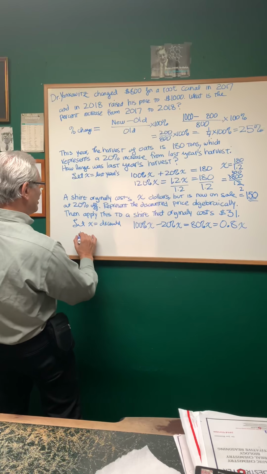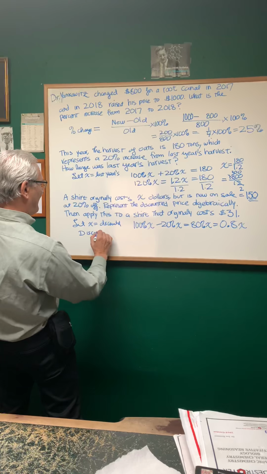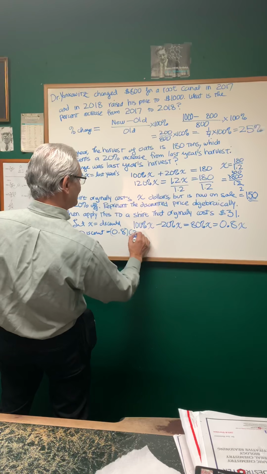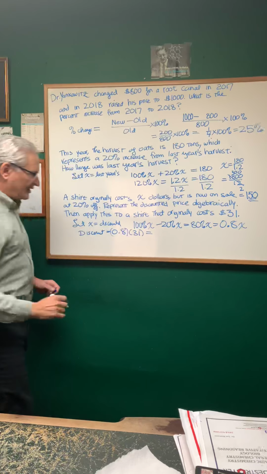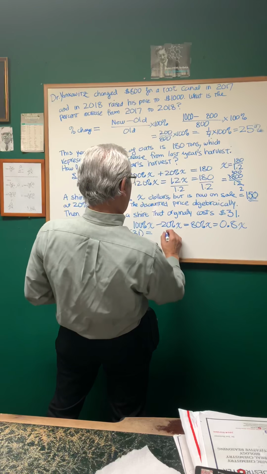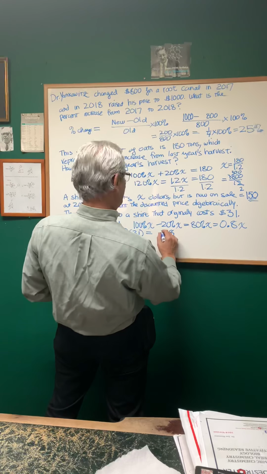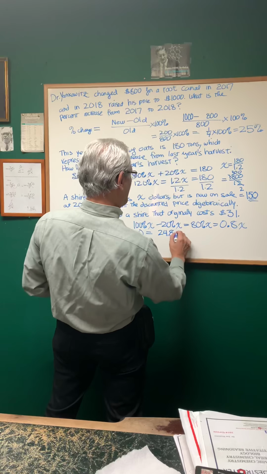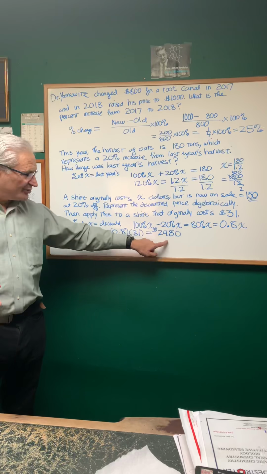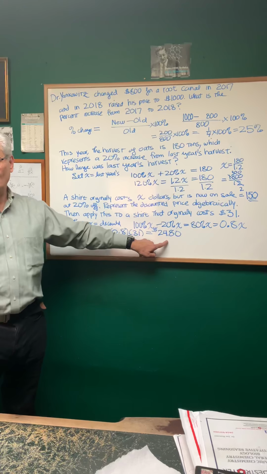The discounted price is equal to 0.8 times 31. 31 is the full price. We're only paying 80%. What's this equal to? 8 times 1 is 8. 8 times 3 is 24. $24.80. There we are. That's the discounted price, 20% off the $31.